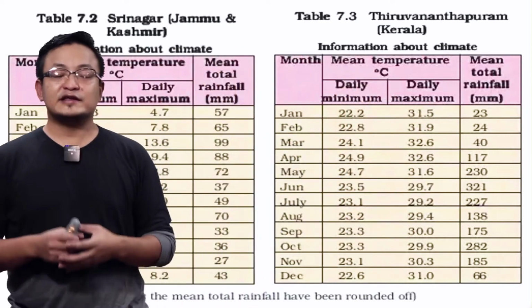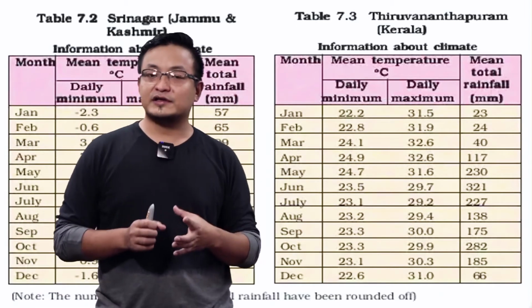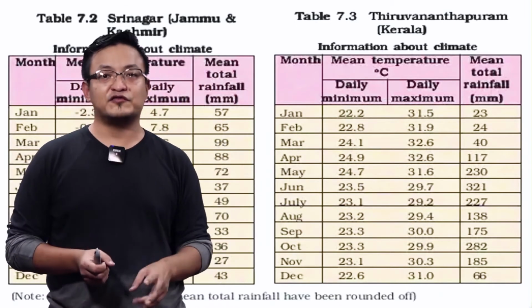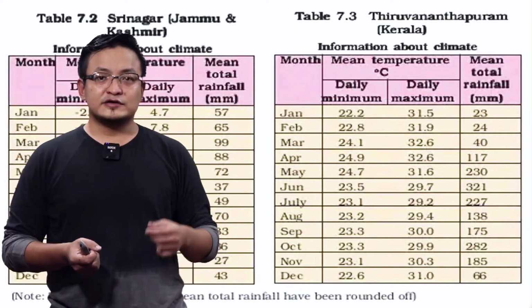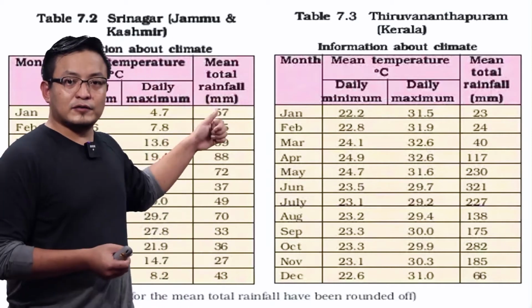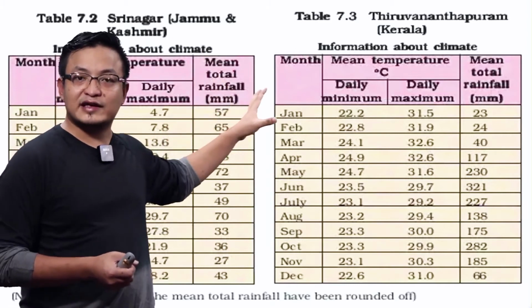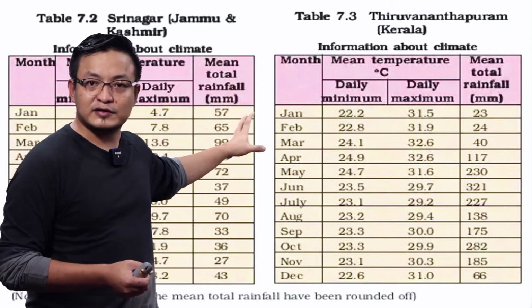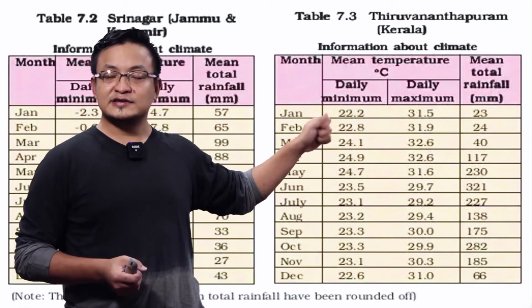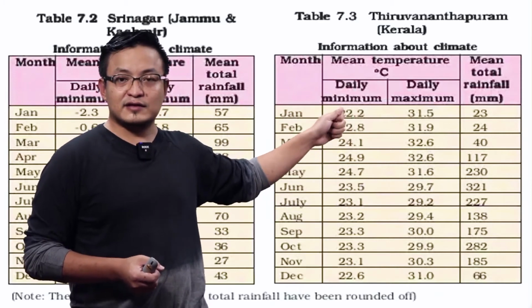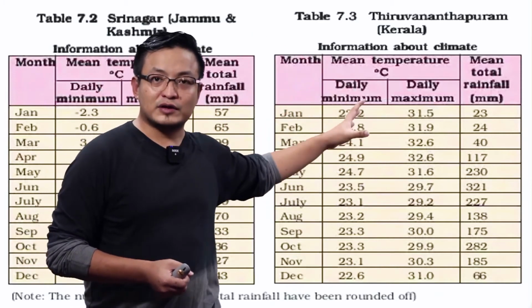This is information about the climatic conditions of two states. The first one is for Jammu and Kashmir, and the place mentioned is Srinagar. The second one is in Kerala state, and the place mentioned here is Thiruvananthapuram.